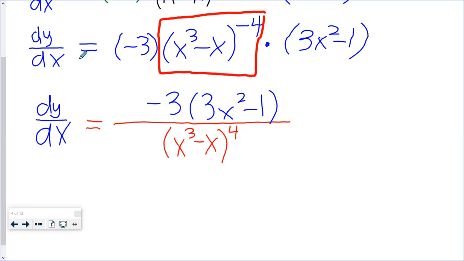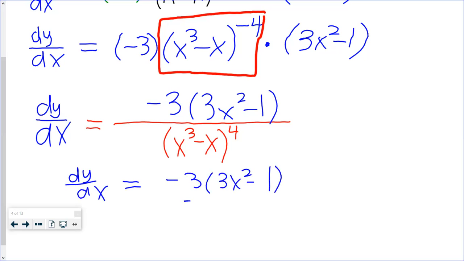So for example, dy over dx, my numerator can stay the way it is. The greatest common factor has been taken out, but we can still take a greatest common factor out of the denominator to have x times x squared minus 1 to the power of 4.